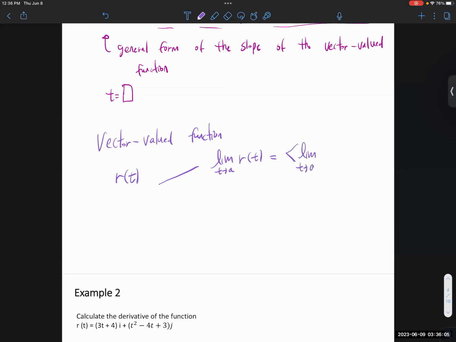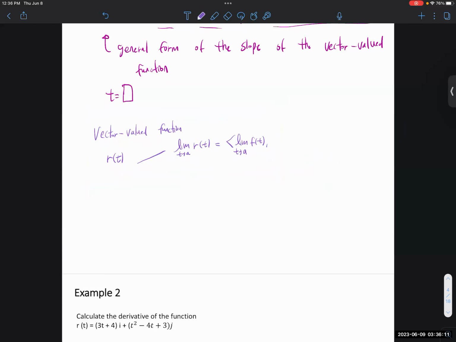We learned that in chapter 3.1. Limit f, limit g, limit h.